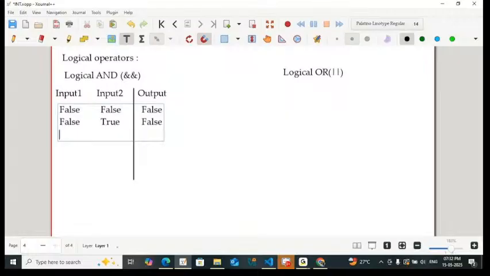If the input 1 is true and input 2 is false, then the output is also false. If the input 1 is true, input 2 is also true, then the output is true. Okay, so that is in case of logical AND.